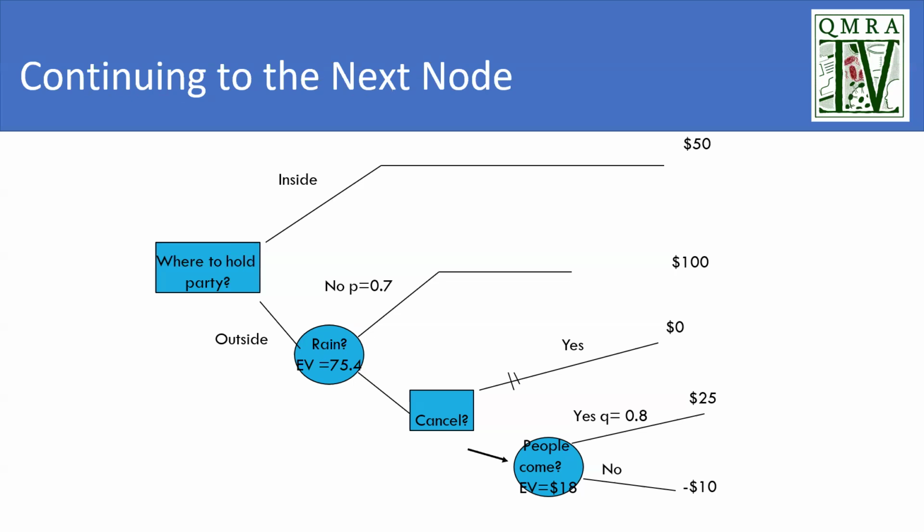So if we multiply 0.7 times 100, we will then add the yes, it does rain expected value, which will be $18 from our previous expected value calculation, times 0.3, which is the complement of 0.7. And when we do that math, we get an expected value for the rain chance node of $75.4.